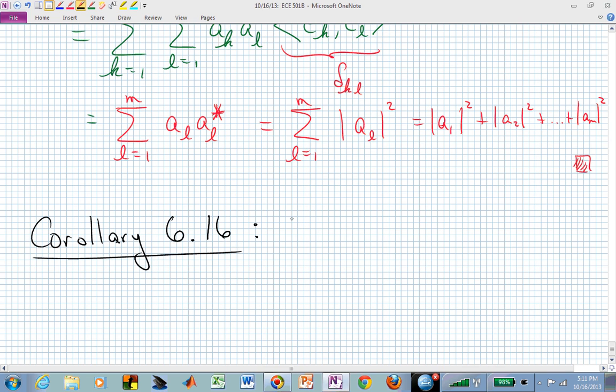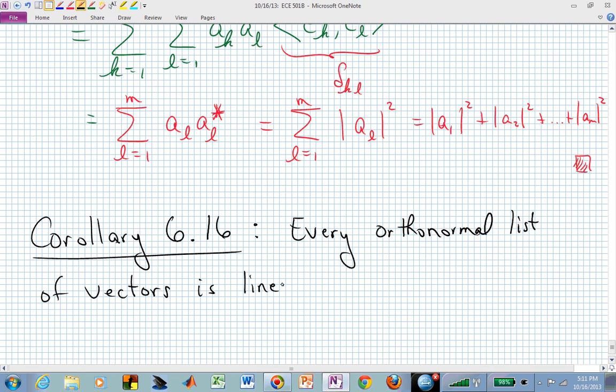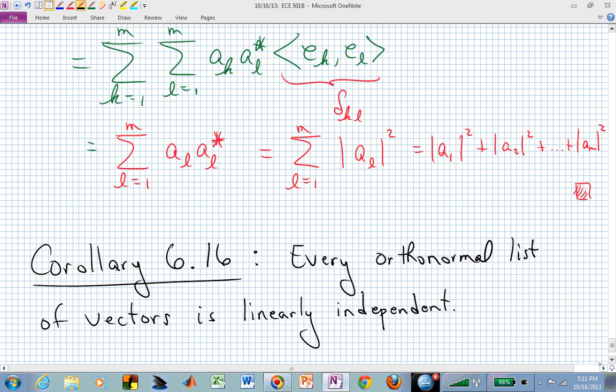And that one says that every orthonormal list of vectors is linearly independent.